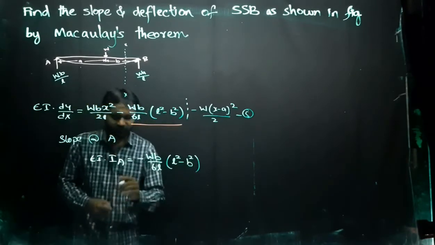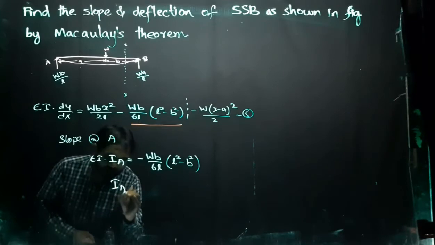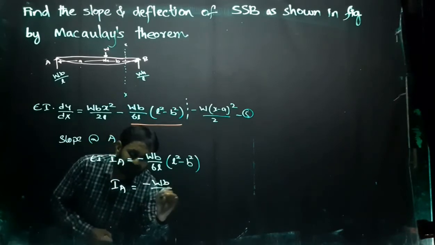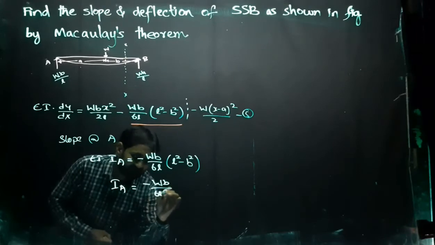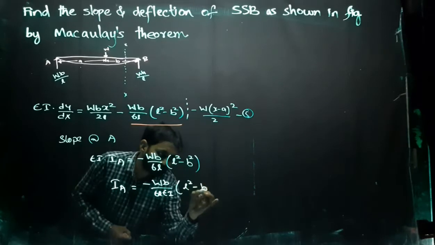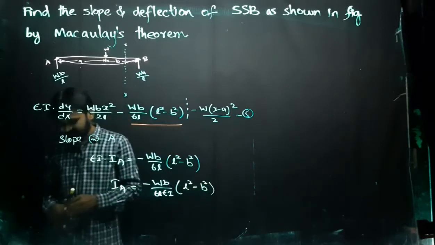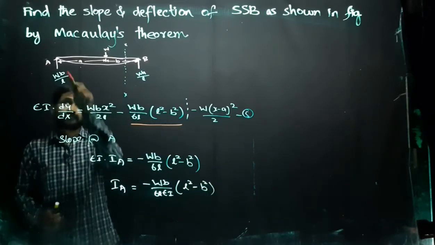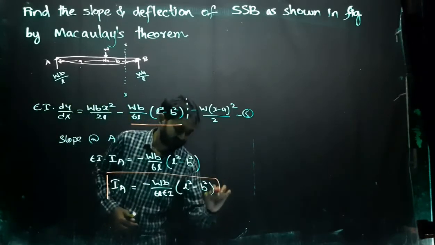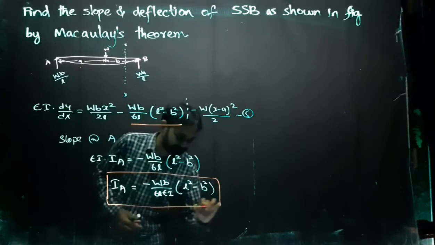So I want the slope at A: EI theta A is equal to minus WB by 6L EI into L square minus B square. This is my slope at A.